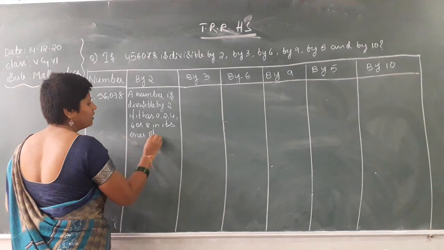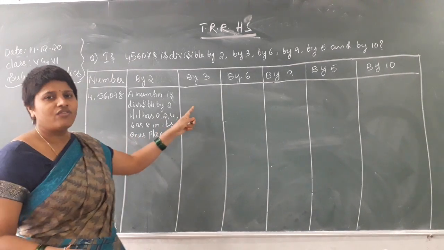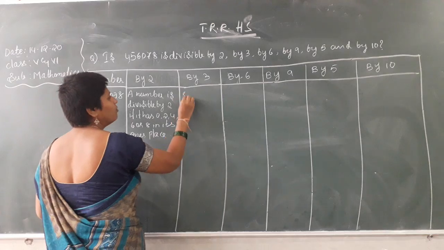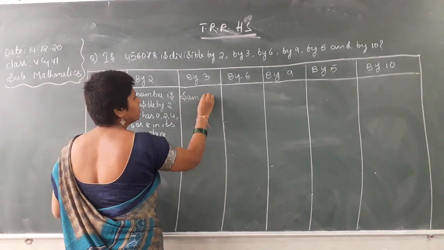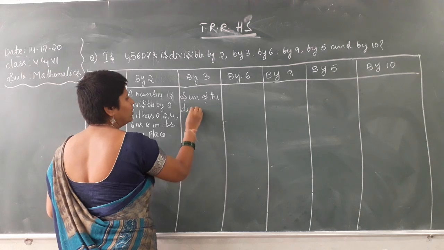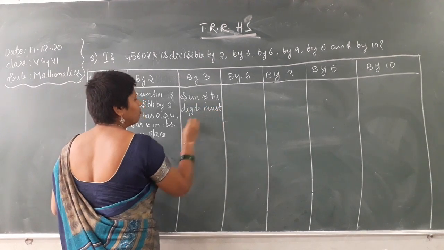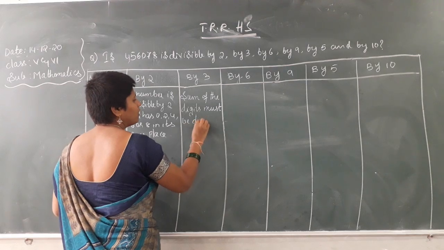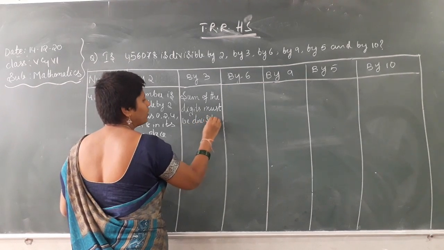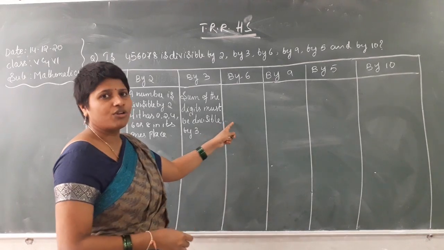So write down the rule first. Similarly for 3 also. What is the rule? Sum of the digits must be divisible by 3.